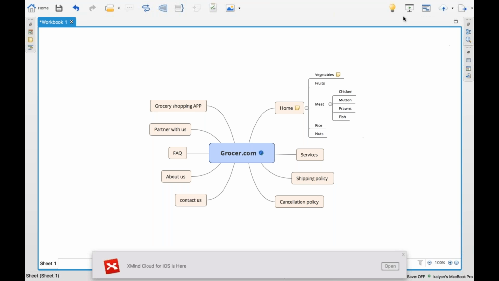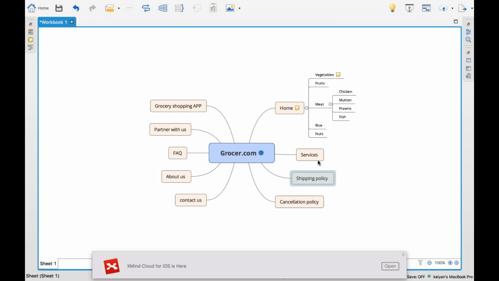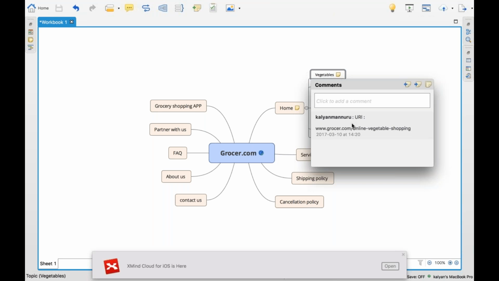I was purposely using a split screen to show what I was picking up. Now for vegetables, I learned online vegetable shopping has the better search volume, so I have decided to use it in my URL. Now I should go ahead and plan my title.